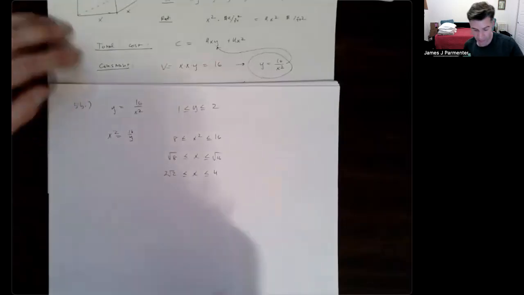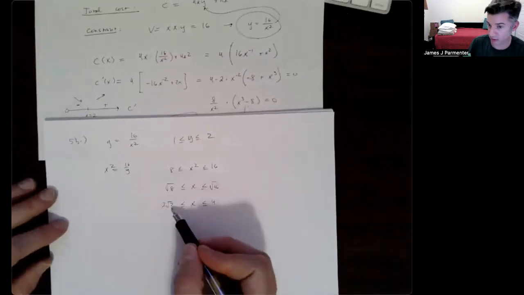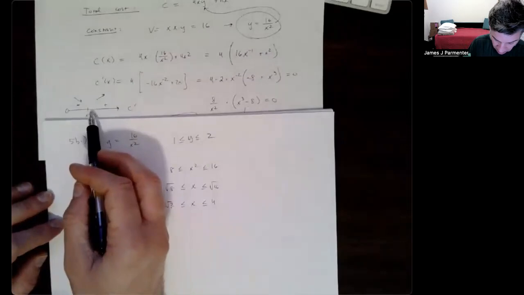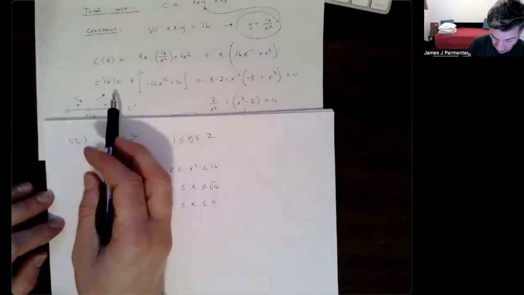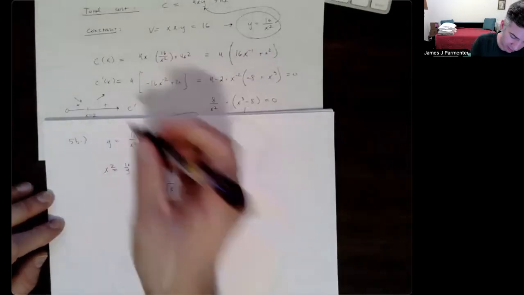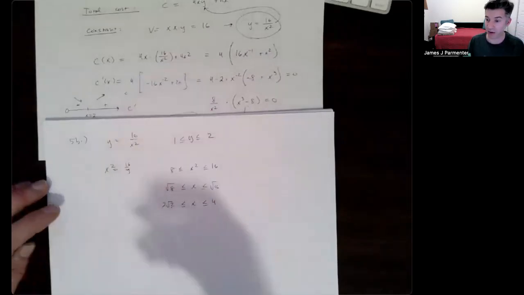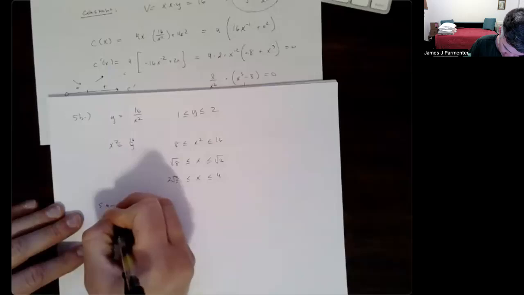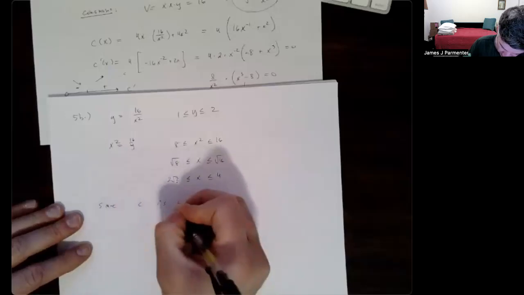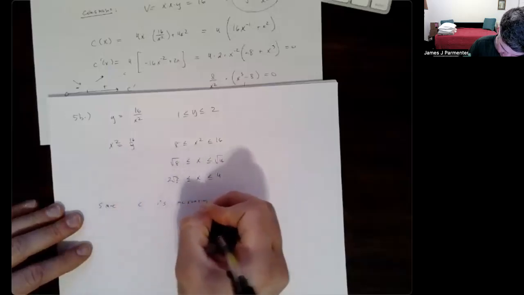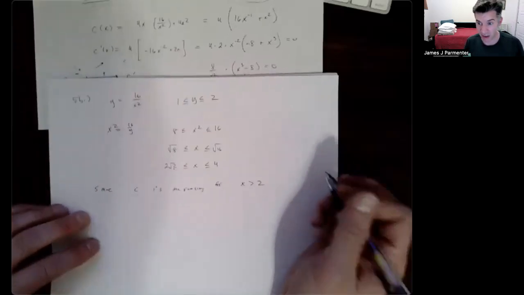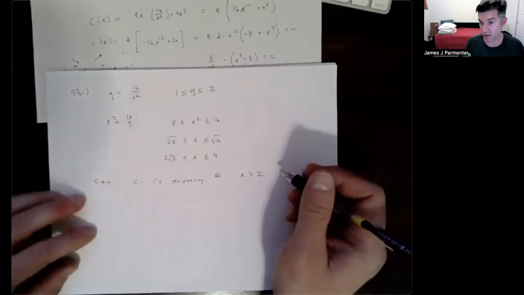And notably, from our first derivative sign chart over here, 2 root 2 is bigger than 2. It's like 2.8. If we're bigger than 2, the function is increasing. And if the function's increasing, that means the cost is getting higher and higher as x increases. So since C is increasing for x greater than 2, and we want to minimize the cost, we should pick the smallest value of x we can.